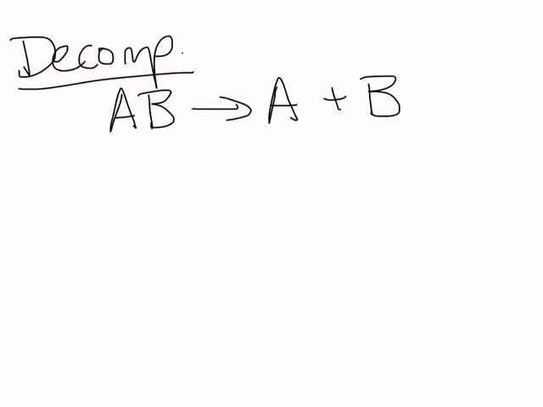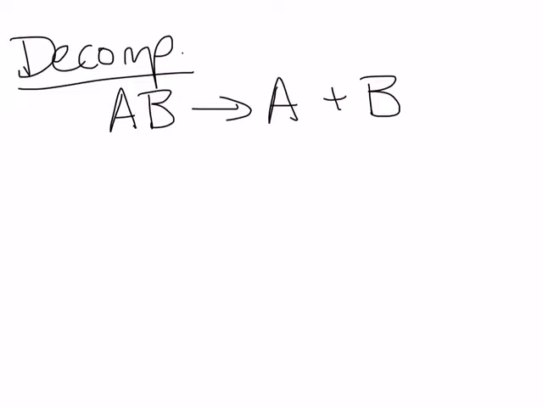Heat, electricity, light, sometimes a catalyst, something to make the substance decompose. Because as you might recall, when we're doing a decomposition reaction, we're taking one reactant and making 2 or more products, breaking it down. So if AB is a binary ionic compound, it will break down into its constituent elements, the elements that make it up.